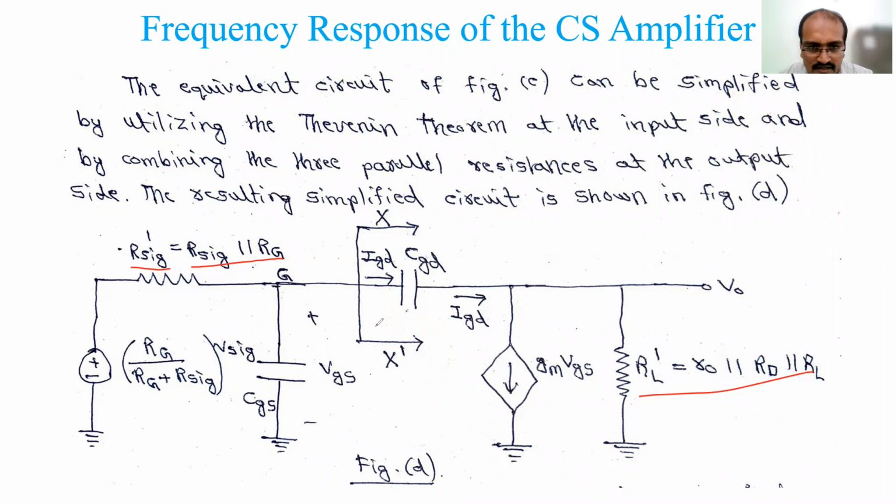Next, we considered the XX dash terminal and the capacitor CGD. We try to split this output to input capacitor, so that depending on how it affects output and input, we replace it by an equivalent capacitance.